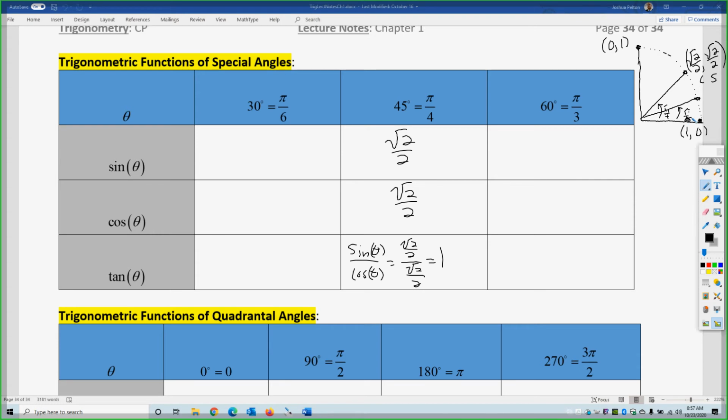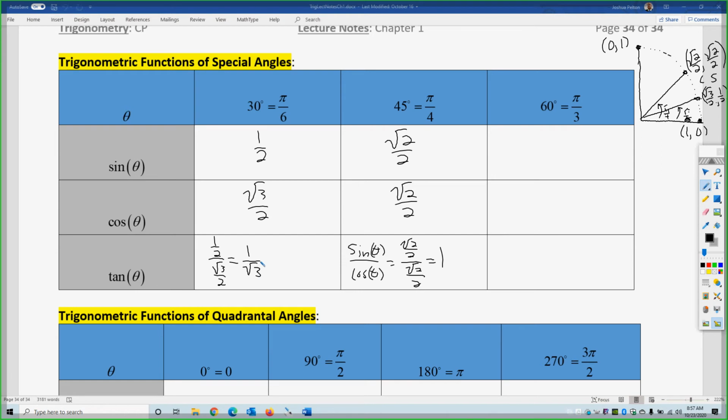Pi over 6, which is the 1/2. I'm sorry, that's backwards. I'm thinking of the wrong one here. Root 3 over 2, comma 1/2. So that means the sine is 1/2. The cosine is root 3 over 2. So we have 1/2 over root 3 over 2, which is 1 over root 3 for tangent.